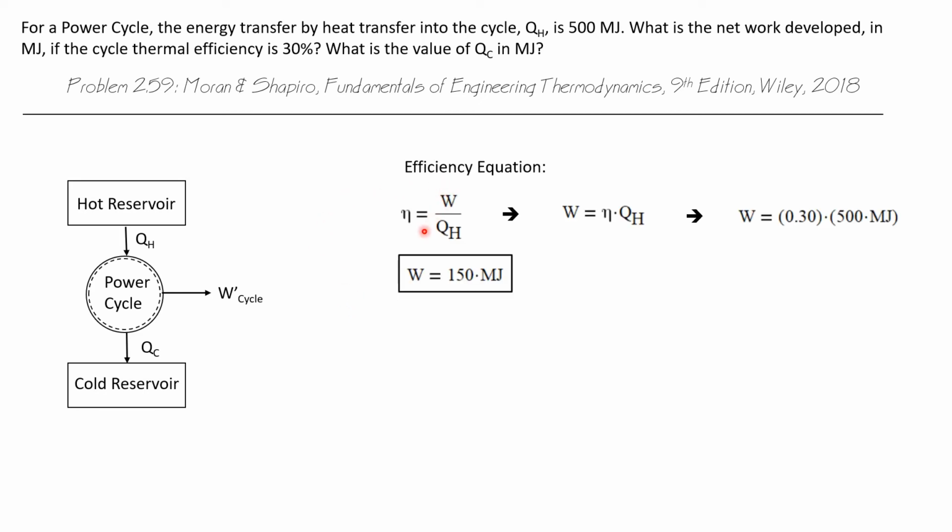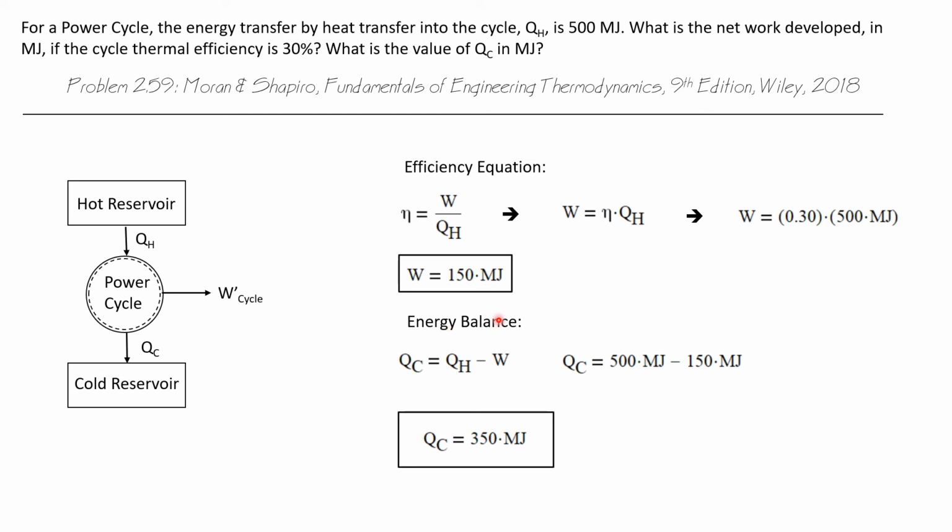And we can find the work by looking at the efficiency equation. Efficiency is work divided by heat input. Rearranging, we get work is efficiency times the heat input. The efficiency is given as 30%, and the heat input is given as 500 megajoules. Therefore, the work output of this power cycle is 150 megajoules.